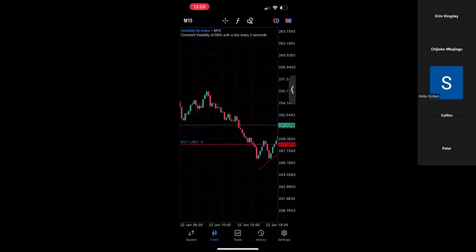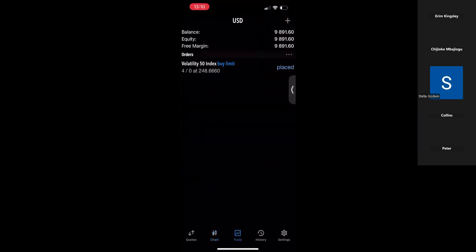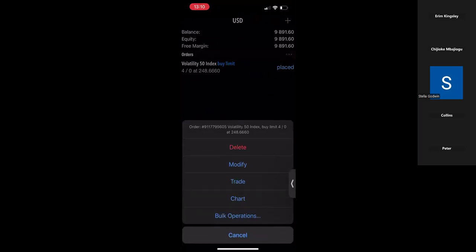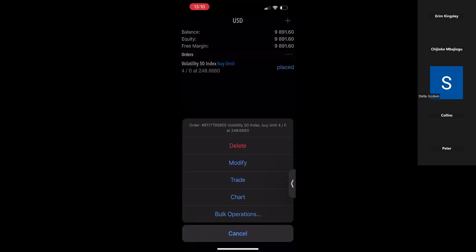Let's say you want to put your stop loss below. Your stop loss is 246.196. Okay. You click here like this. Depending on if you are using Android, if you press and hold, modify.